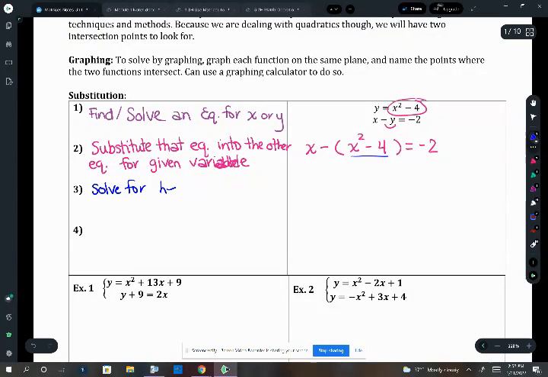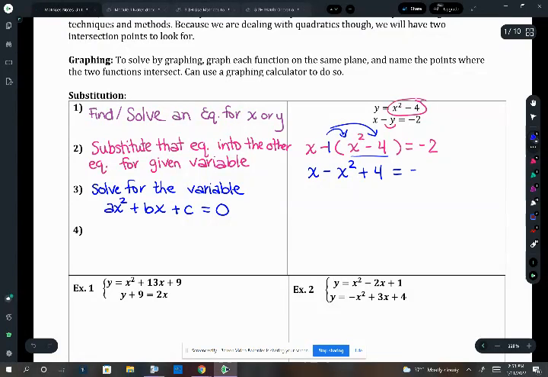In this case, we have x minus x squared, negative, like a negative 1 that we're distributing, so this is positive 4 equals negative 2.